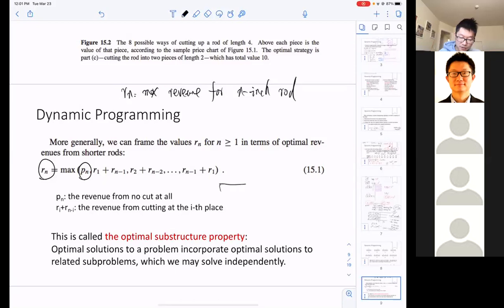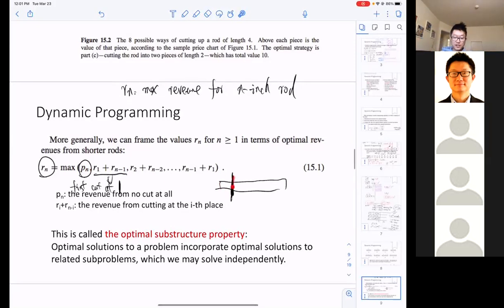Okay, and then this is like cut. So we make the first cut at 1. You make the first cut at this place, and then you are further allowed to cut either the left or the right part.